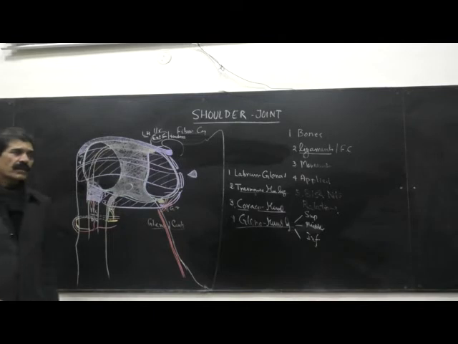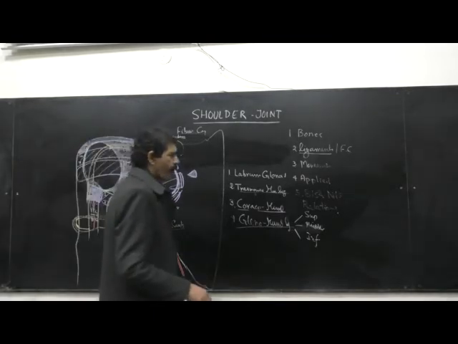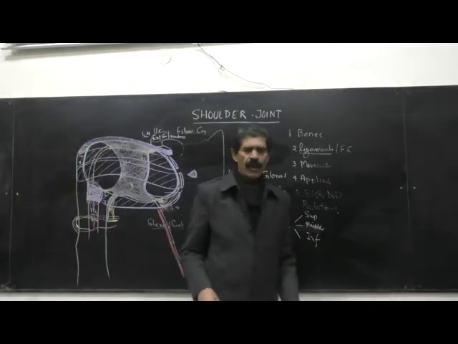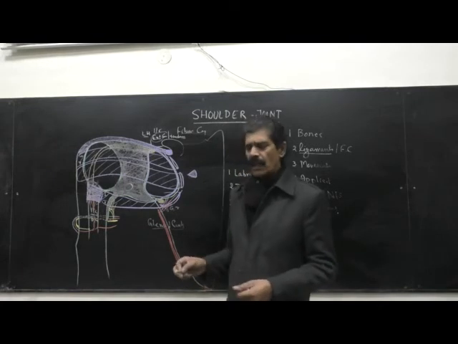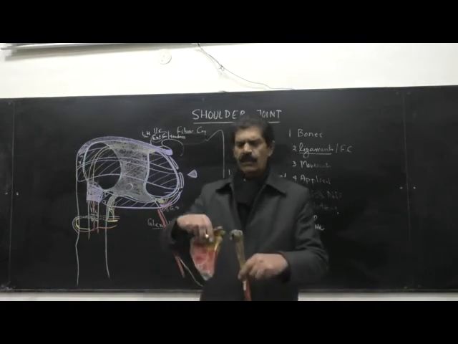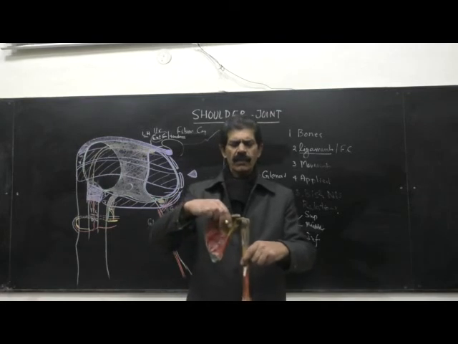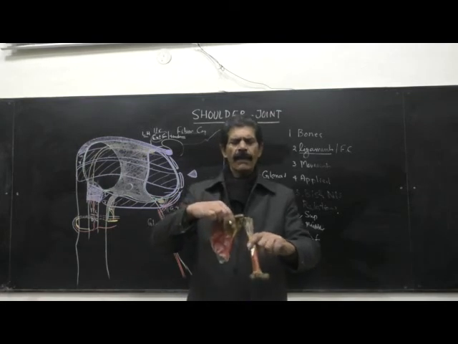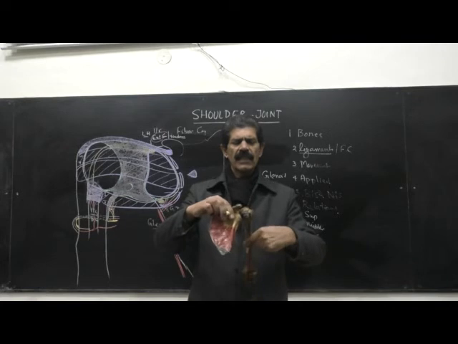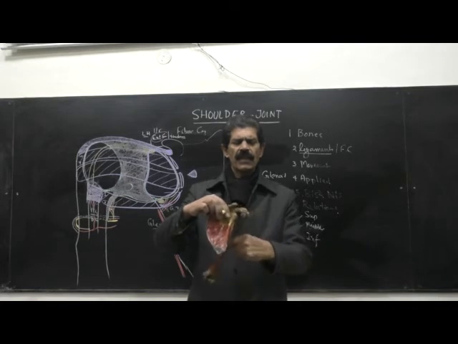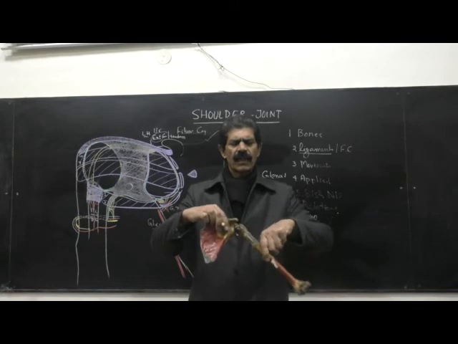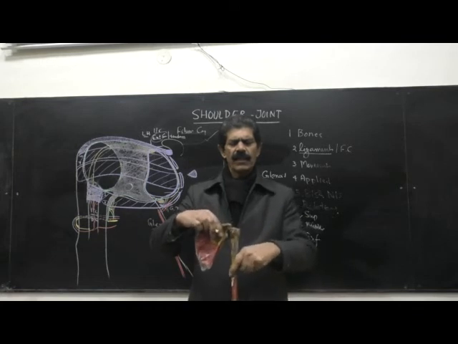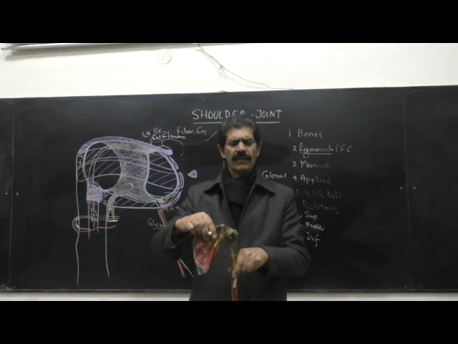Then come the movements and the muscles producing them. As we have already said, it is a multi-axial joint, so many movements are possible. The forward movement is called flexion. This is the extension. This is the adduction. This is the abduction. This is the medial rotation, and this is the lateral rotation.